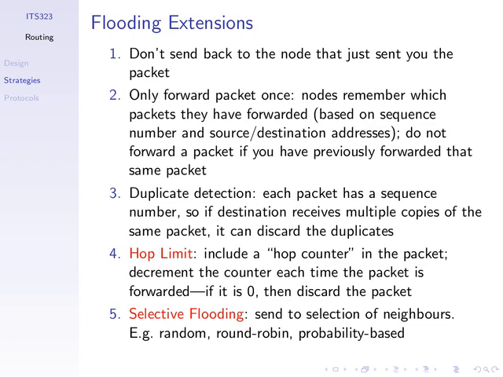So that's selective flooding. We reduce the number of transmissions because we don't send to all of our neighbours, but we reduce the number of paths we take in the network. We don't send packets across all possible paths.